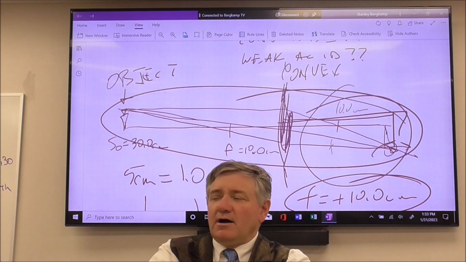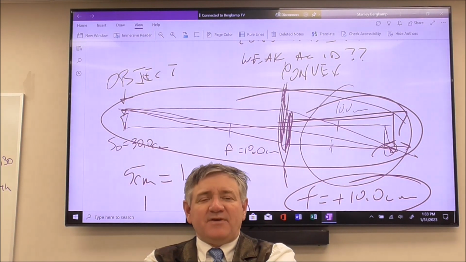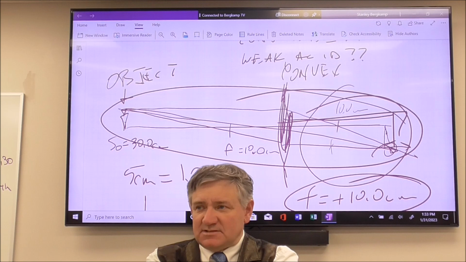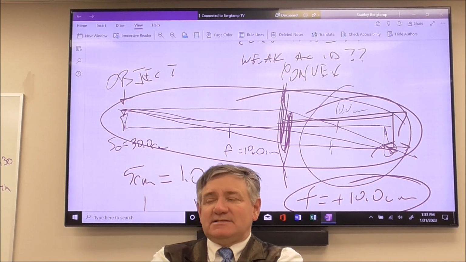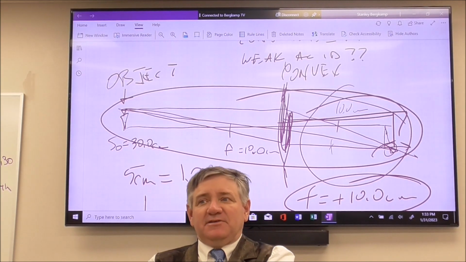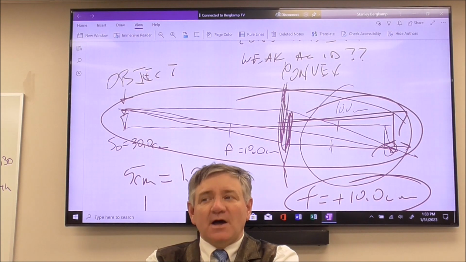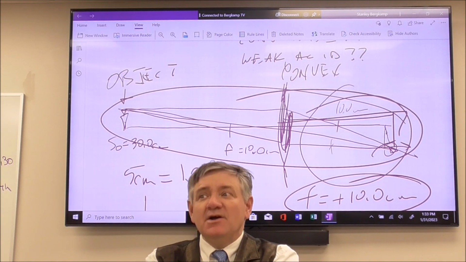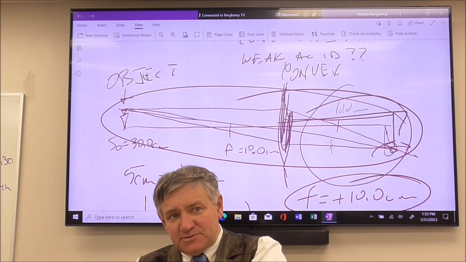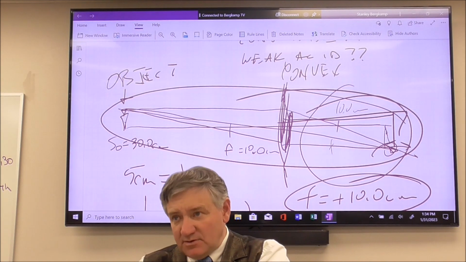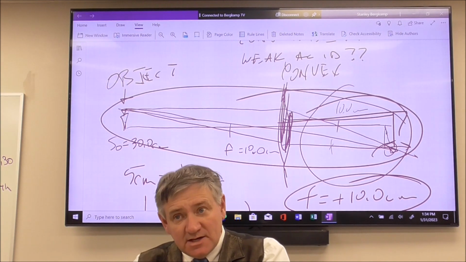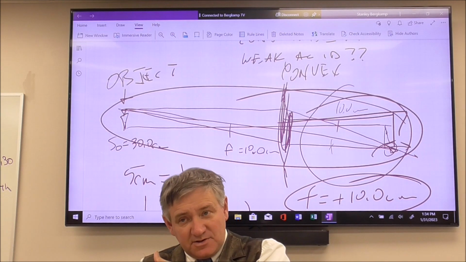Okay? Now, I'm going to be real suspicious if every one of your distances that you theoretically measured is the exact same as the calculated value. Okay? That wasn't the point. The point was that you use your diagrams to get those distances. Then you calculate it to compare it.